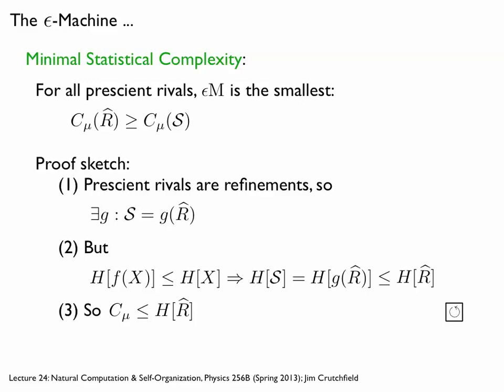So the entropy of a random variable is always greater than or equal to the entropy of some function of the random variable. Well, that's exactly what we have here, right? C mu is just the Shannon information in the causal state distribution. We just argued that these are a function of the rivals, and then applying this identity, it means that this state entropy has to be less than the state entropy of the rival.